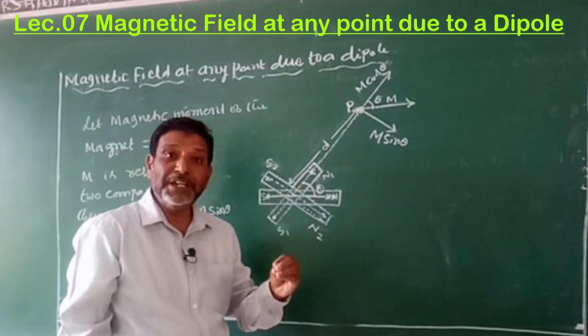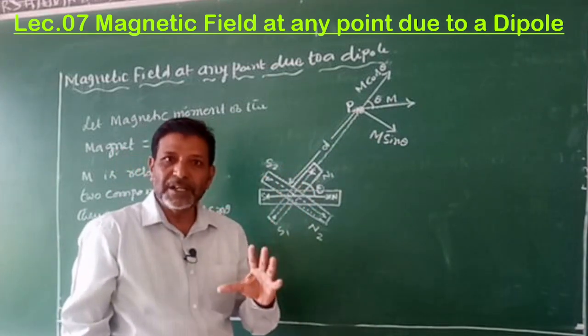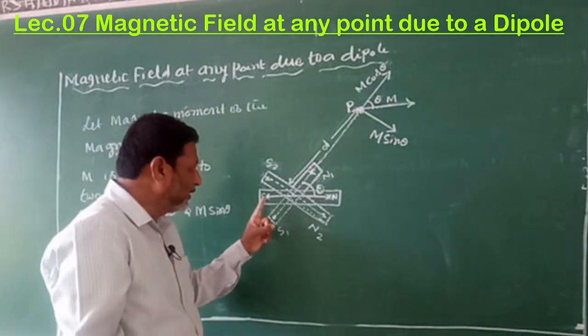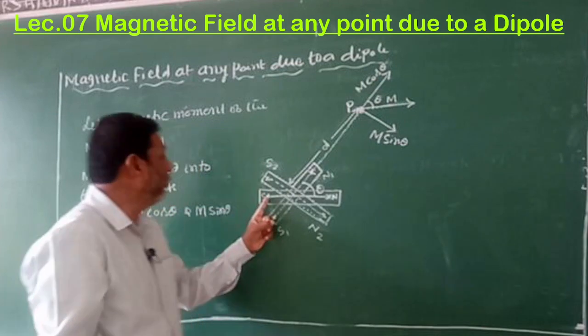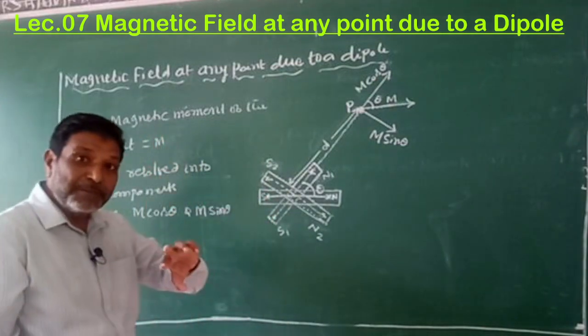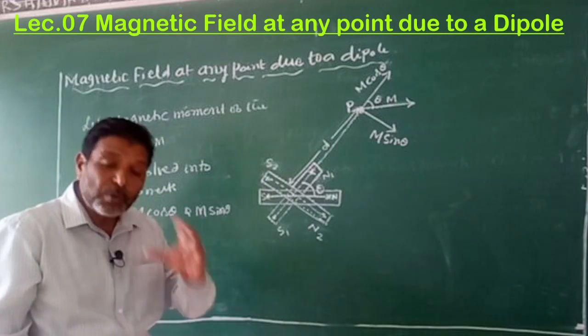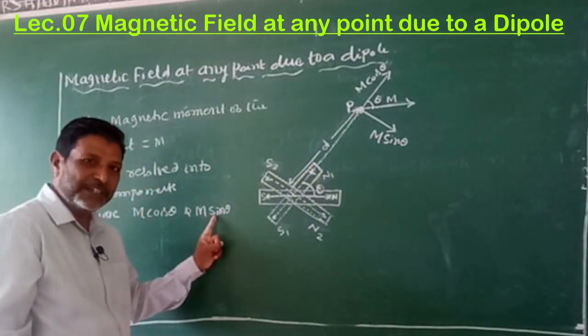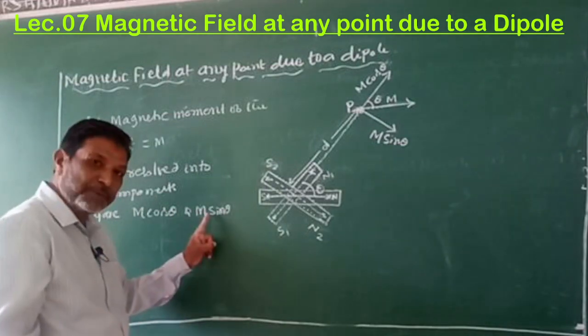Once again, all of you seriously listen here. This point I want to make clear once again. One magnet having magnetic moment m can be resolved into two components, m cos theta and m sin theta, which are perpendicular to each other.